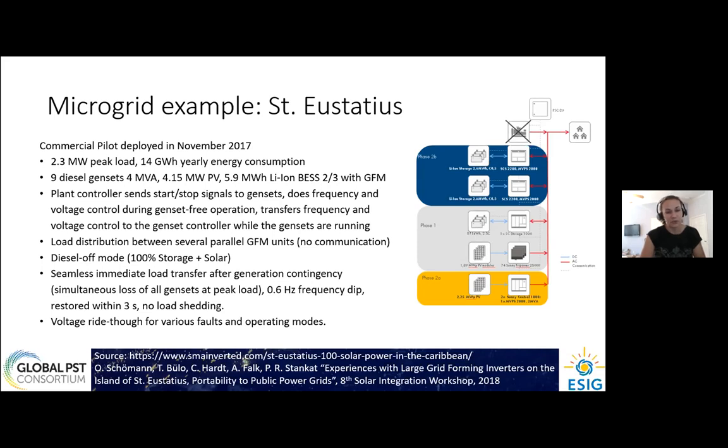A frequency dip of 0.6 hertz, and they were able to restore frequency back to normal within 3 seconds without any load shedding. It has also been tested during ride-through conditions in real-time operations. So this is kind of a successful example of microgrid operation with grid forming inverters.